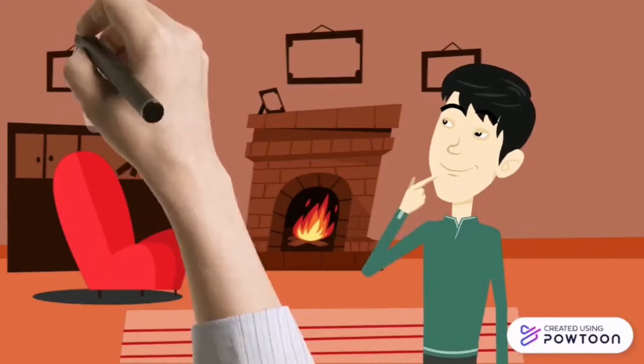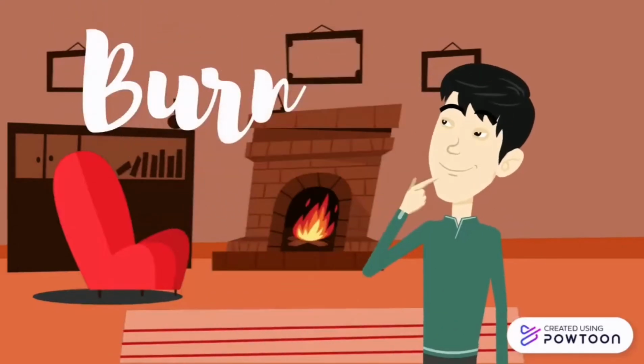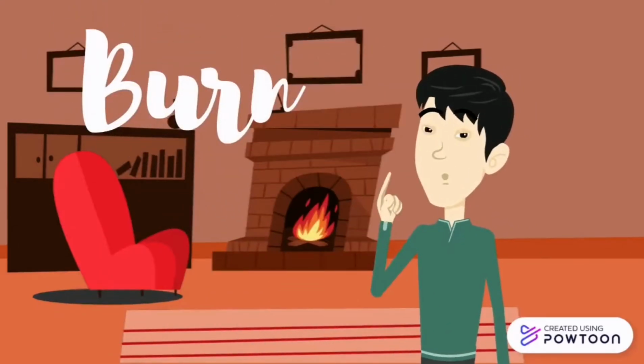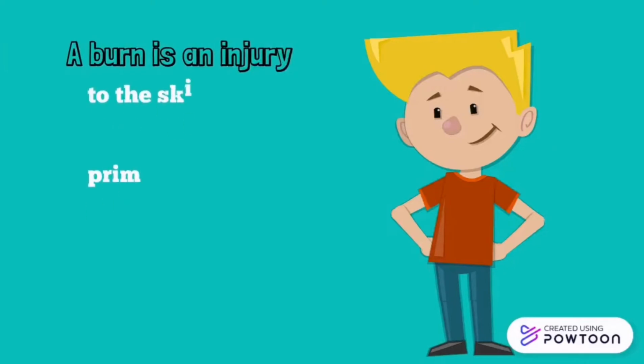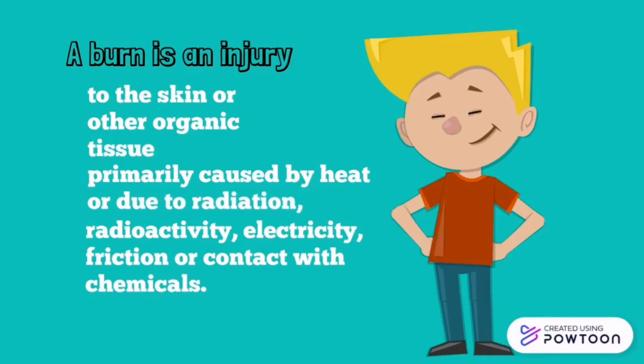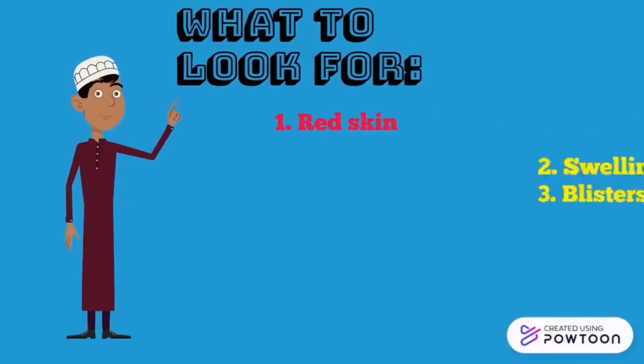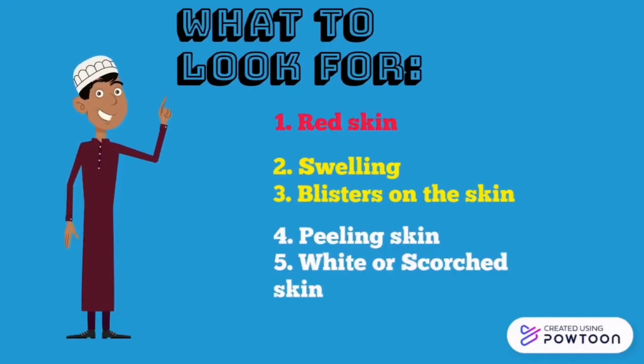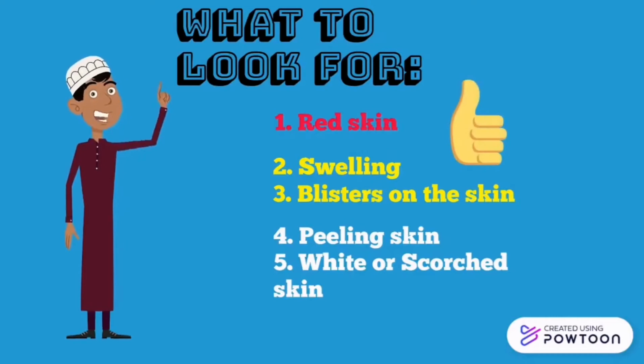How to treat a burn injury. First, let's define what is a burn injury. A burn injury is an injury to the skin or an organic tissue primarily caused by heat or due to radiation, radioactivity, electricity, friction, or contact with chemicals. And these are the things you look for: red skin, swelling, blisters on the skin, peeling skin, white or scorched skin.